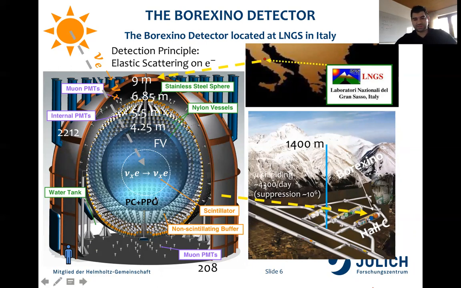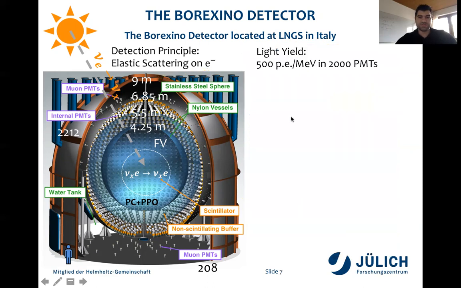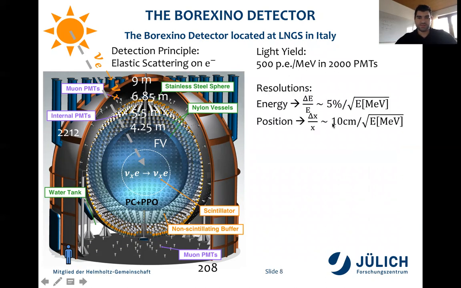The Borexino detector is located at Hall C of the LNGS lab, where we have a huge muon shielding. The suppression is in the order of 10 to the 6. To give some numbers, the light yield in Borexino is 500 PE per MeV in 2000 PMTs. The energy resolution is 5% at 1 MeV, and the position resolution is 10 centimeters at 1 MeV.